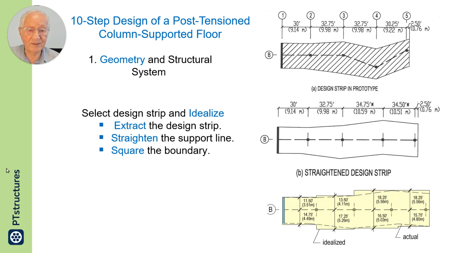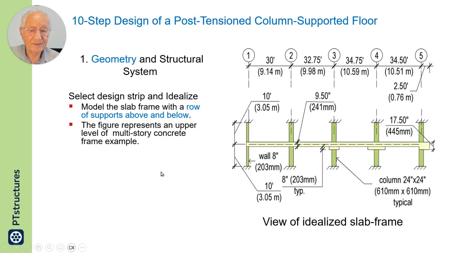This presentation assumes that you're doing it yourself using first principles. You don't have a computer program, otherwise the computer program does that for you. So you extract the design strip, you straighten the support lines. These lines that are sloped are straightened here, and we end up with square boundaries.